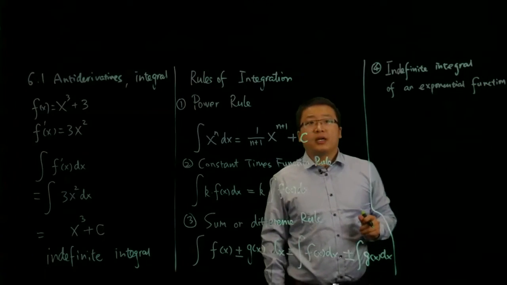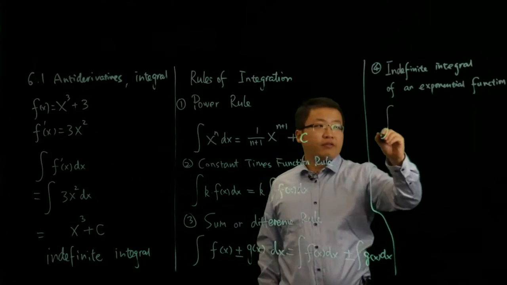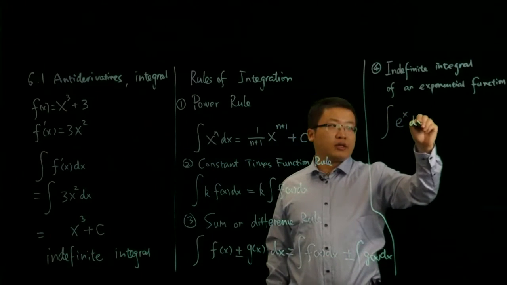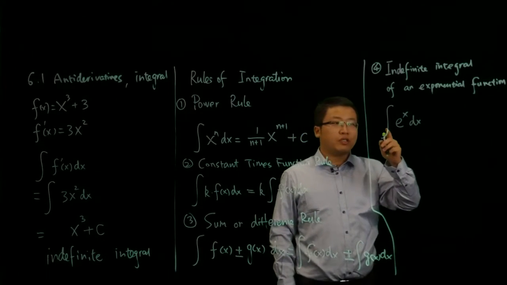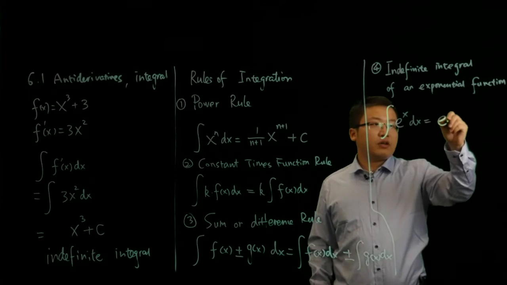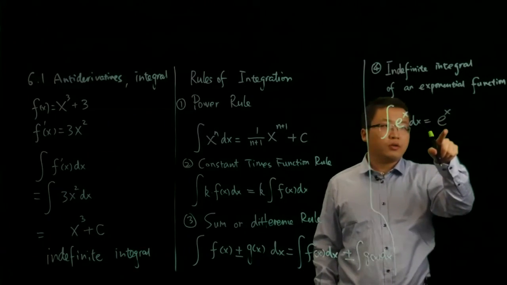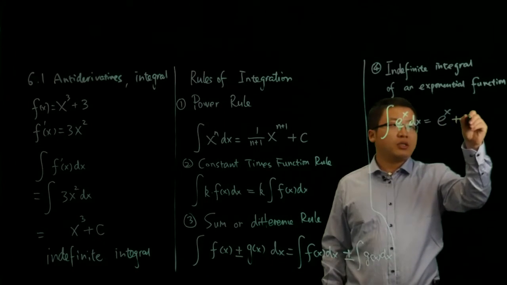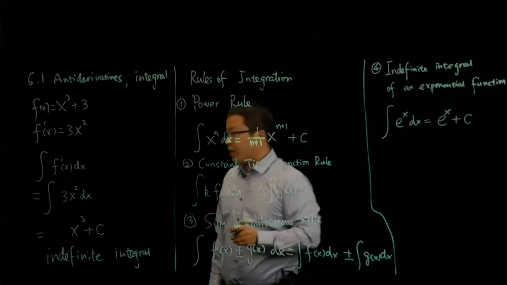Now, what if this is e to the x dx? Similarly to what we did with derivatives, the derivative of e to the x will give you e to the x. So the integral of e to the x will give you e to the x as well. But because it is indefinite, you want to have a plus C in the end.